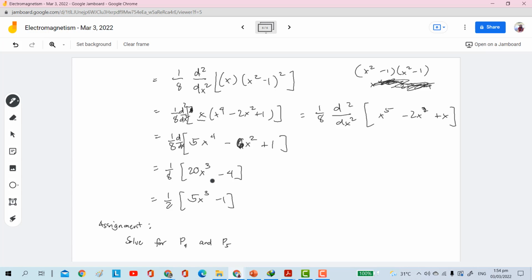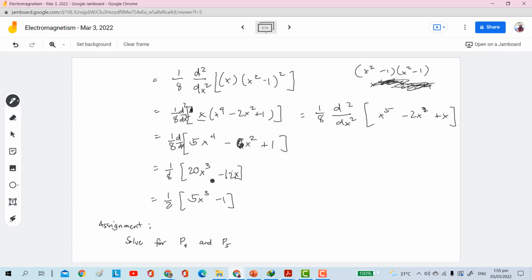And then here you have 20x cubed minus 4x, minus 6x. Sakto ba? Ay, sorry. Oh, salamat, salamat. It's 12. It should be 12. Okay.